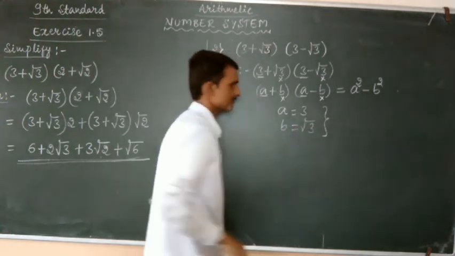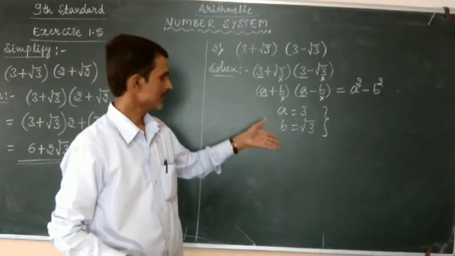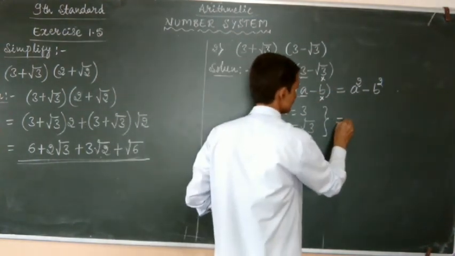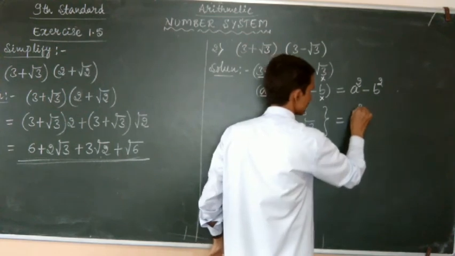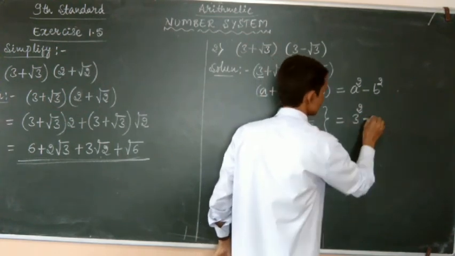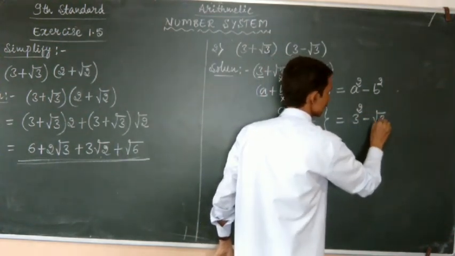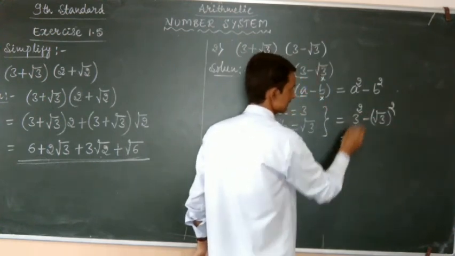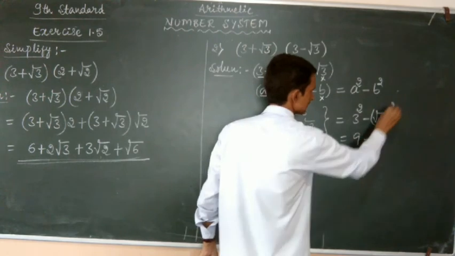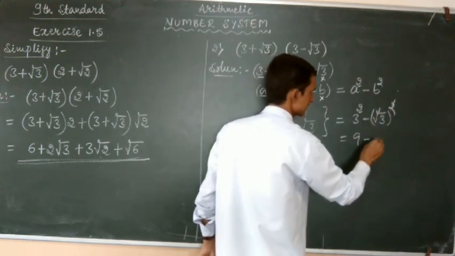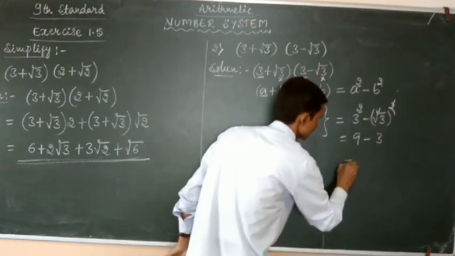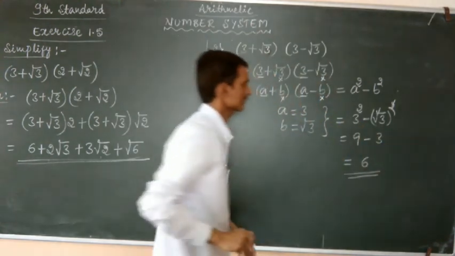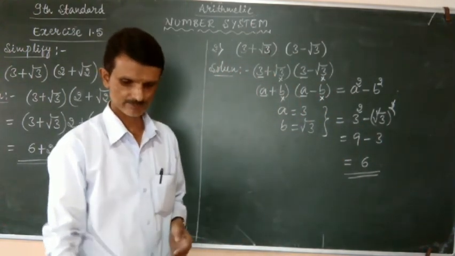So substitute a equals 3 and b equals root 3 in the right side. We will get 3 square minus root 3 whole square. 3 square is 3 3s are 9, minus, square and root get cancelled, 3, which equals 9 minus 3 is 6, which is a rational number.